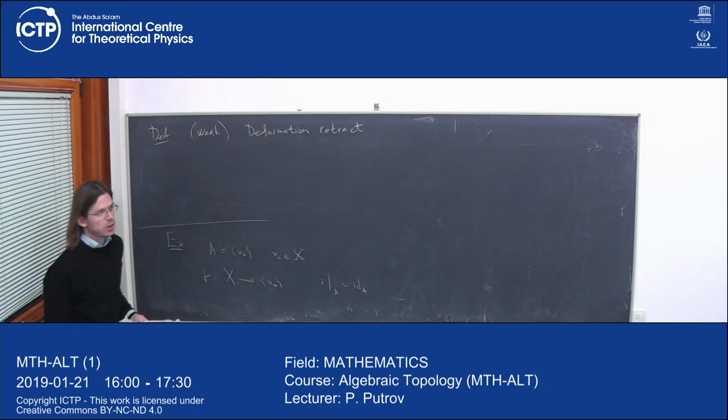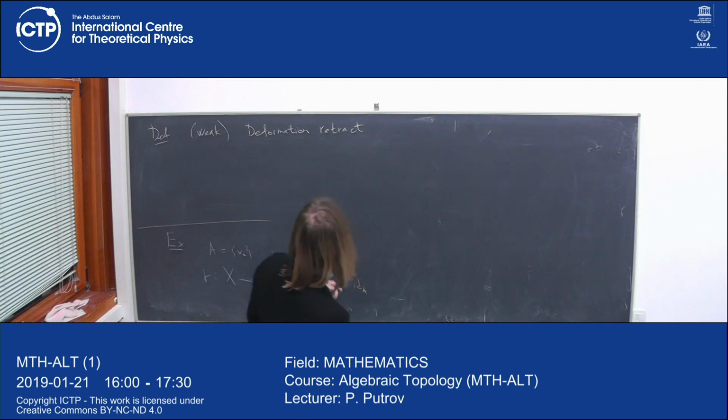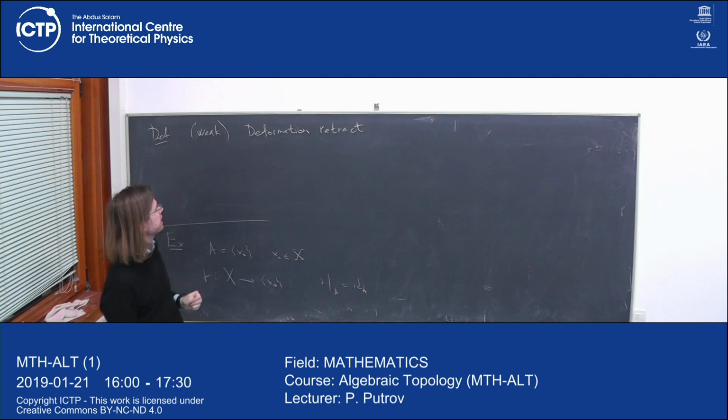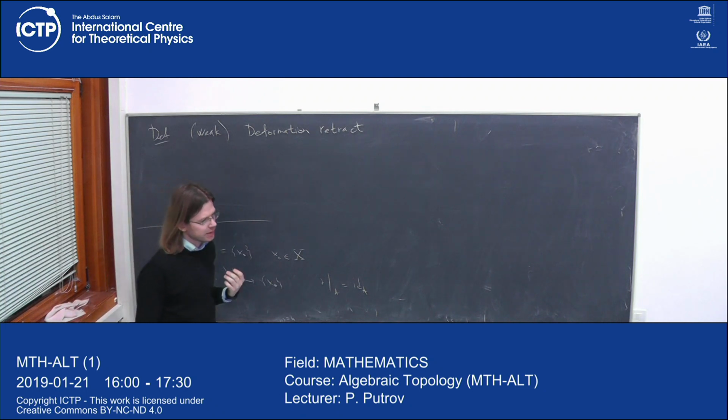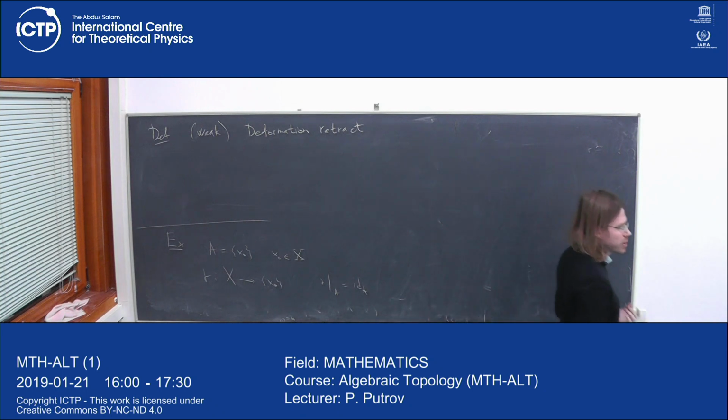I will call it just a deformation retract. In many other places in the literature, people just define a deformation retract like this, and what is defined in the book of Hatcher as a deformation retract is what in other places is called a strong deformation retract.